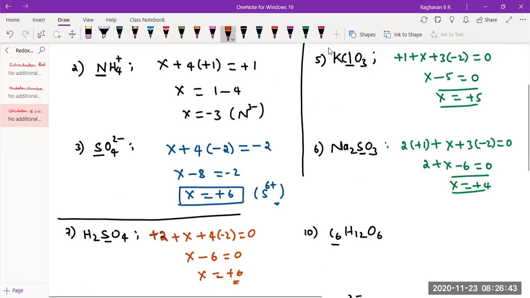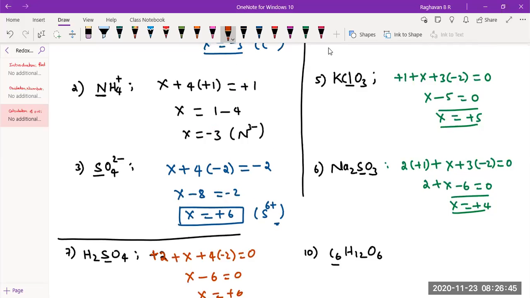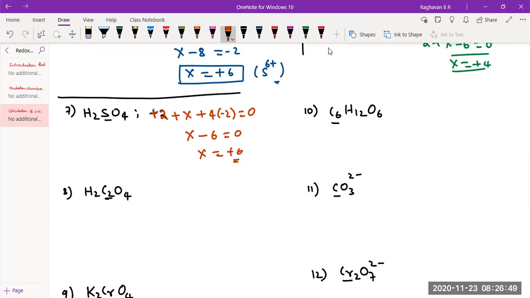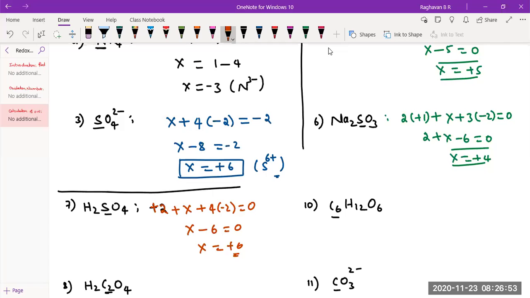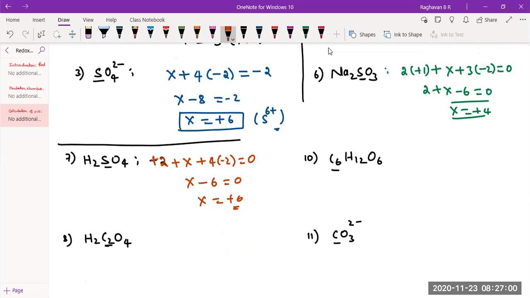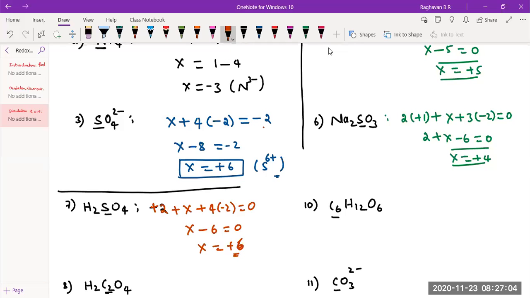We have worked out this now. Sulfate. Sulfur is plus 6, and this is sulfuric acid. If you remove these two hydrogen, it becomes sulfate. Obviously, the sulfur in sulfate is the same as the sulfur oxidation state in sulfuric acid. Both are plus 6. Correct, no? Here equal to charge on the ion, minus 2. Here equal to 0 because hydrogen is there balancing the minus 2 charge. So both should be the same.